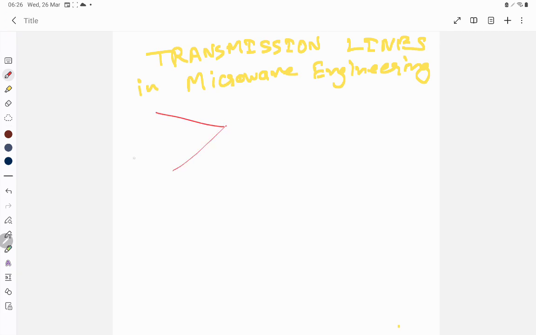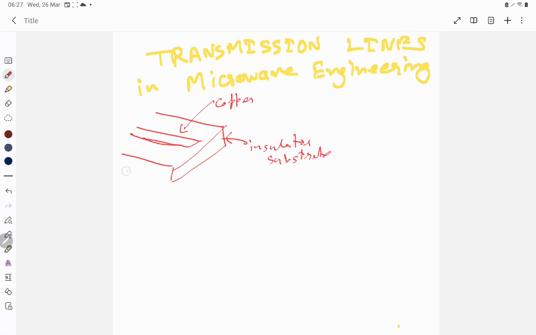One of the most common is the microstrip line, where you have an insulator substrate upon which you have copper lines, and at the bottom of which you have a ground reference plane.